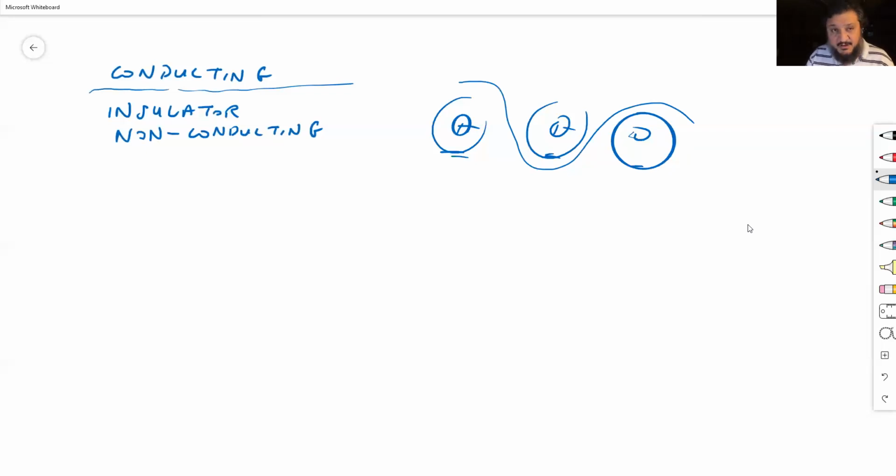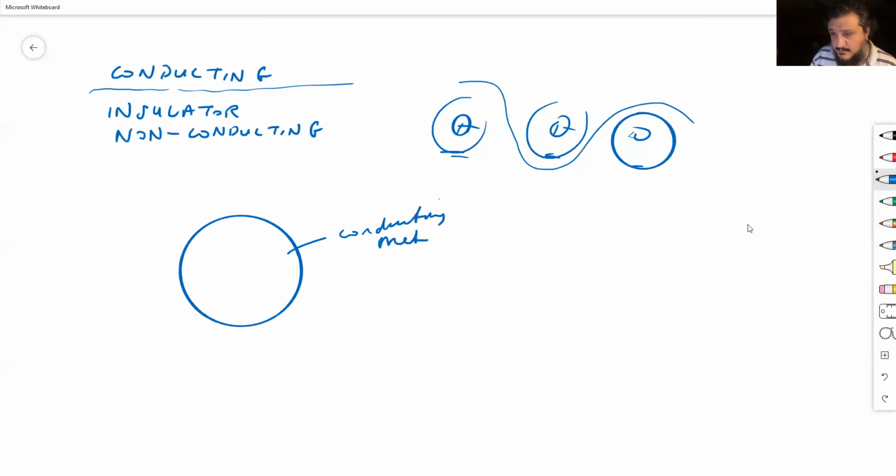Then how would you charge a conductor? Let's say you have a sphere, a metal sphere. Okay, so initially there is no charge here, right? Let's say this is a conducting metal sphere.